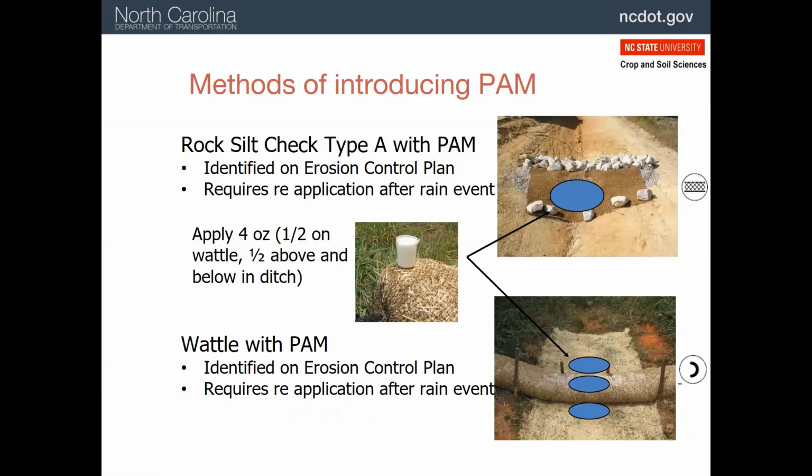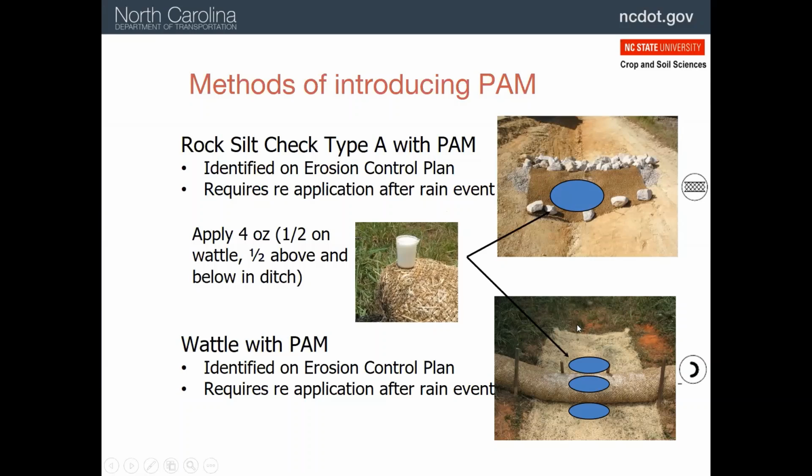So we also have some heavy duty check dams that are used sometimes, which is the Class B stone, etc. We'll talk about those in a minute. But when you have these big stone devices, you can also use polyacrylamide. However, you don't put it right on the rock. You're going to need to put a blanket down. In this case, that's coir. And that's where the polyacrylamide granules are going to stick.